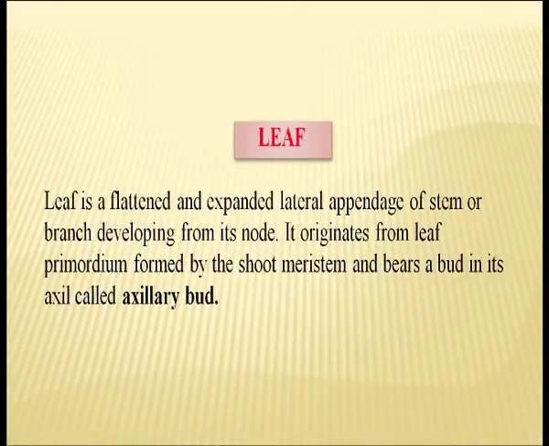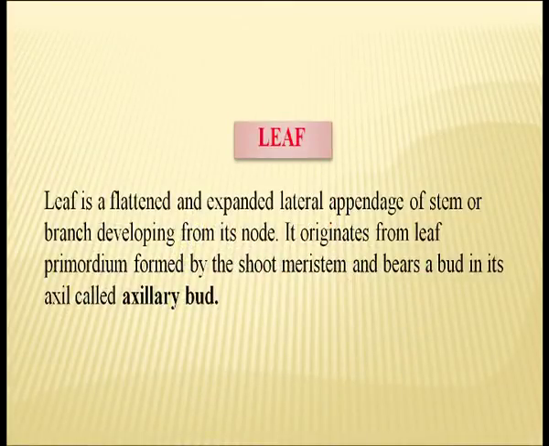So, let us move on to the leaf. A leaf is the flattened and expanded lateral appendage of the stem or the branch which develops from its nodes. We had already discussed what nodes and internodes are. So, a leaf generally grows on a node.